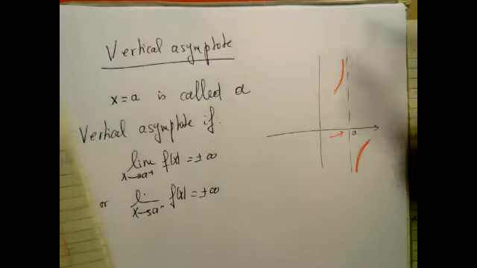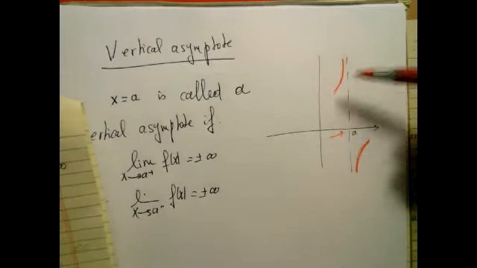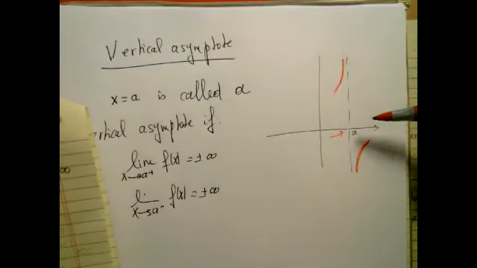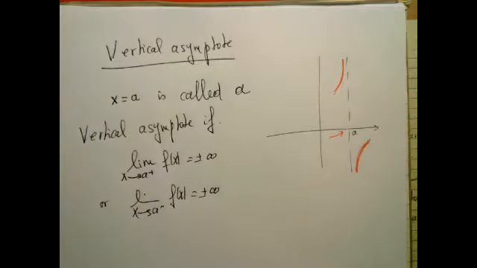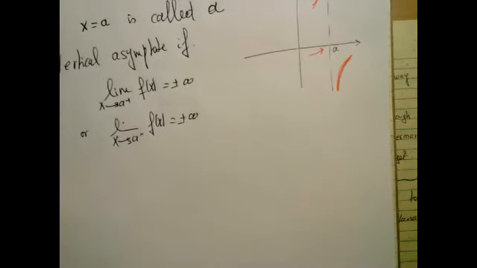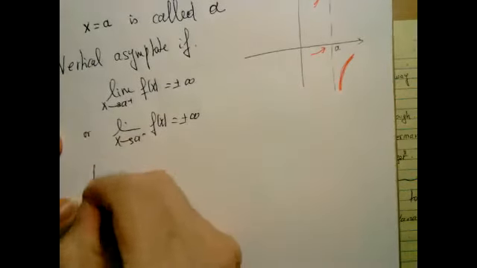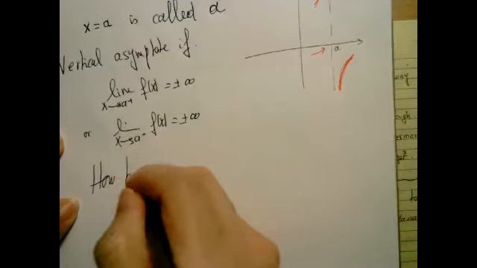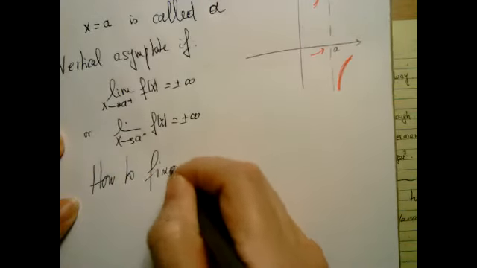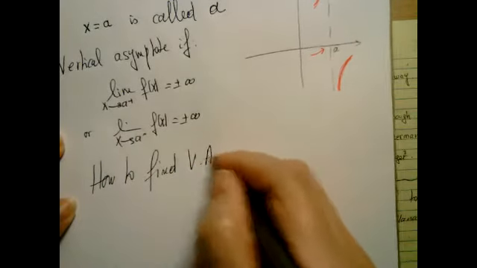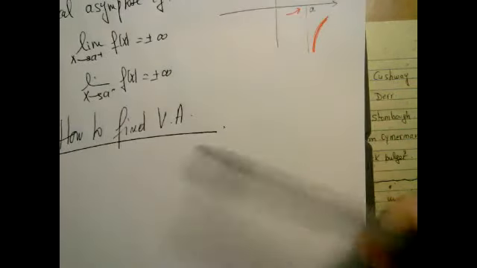Now, if they give us a graph, we know how to spot them. But if we have a formula, how do we actually find the vertical asymptote? Okay, now, how to find them?